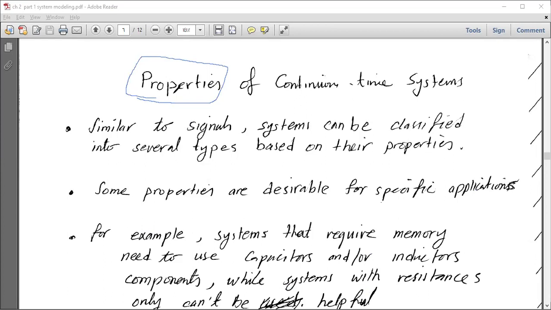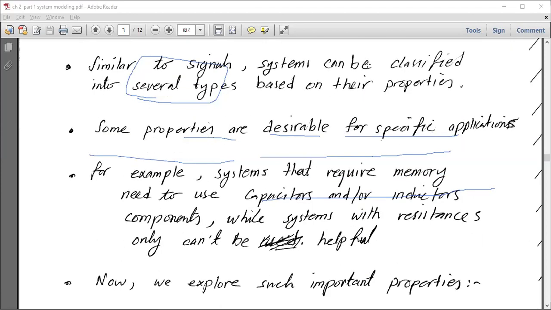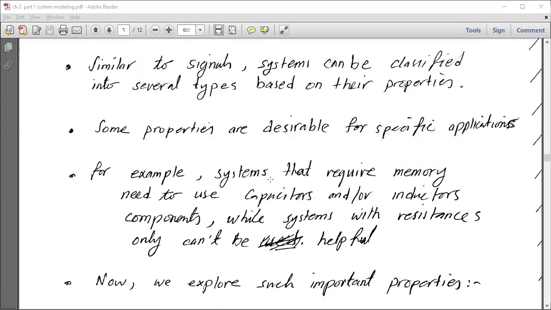So now we need to classify the systems by certain properties. Similar to signals, systems can be classified into several types based on their properties. Some properties are desirable for specific applications. For example, a system that requires memory: you immediately know that you need capacitors and inductors.